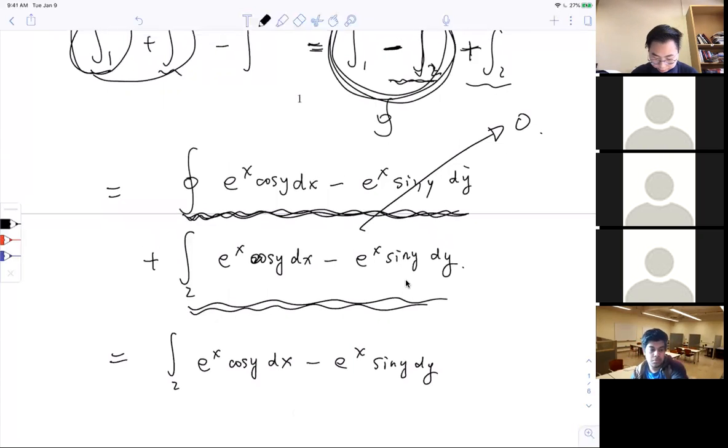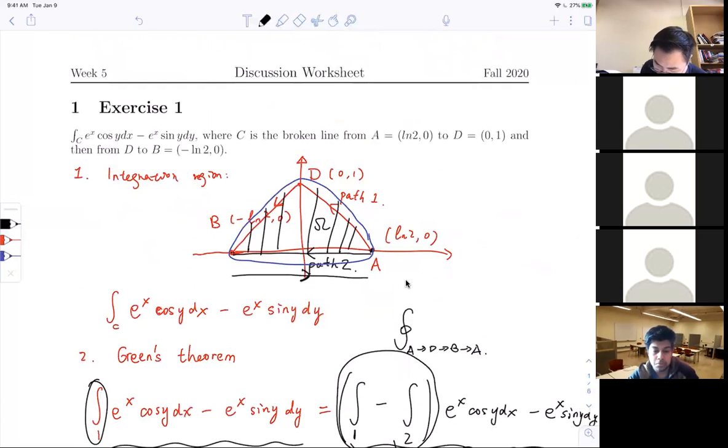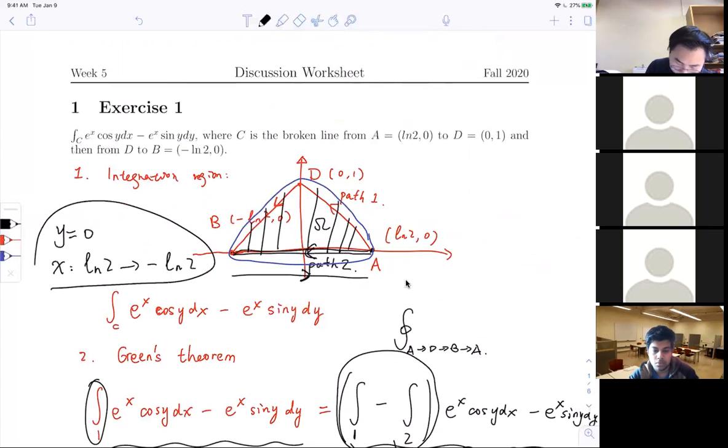Okay, sure. Right. So this integral is easier because on path 2, we know that y is 0 and x goes from log 2 to minus log 2, right?